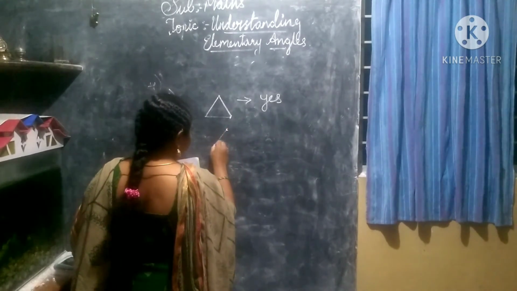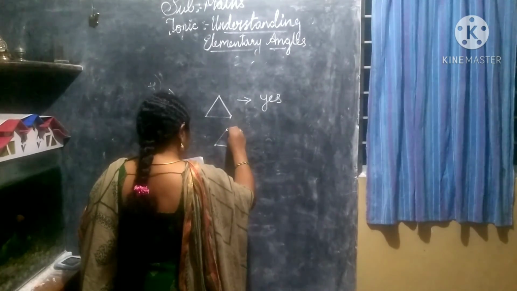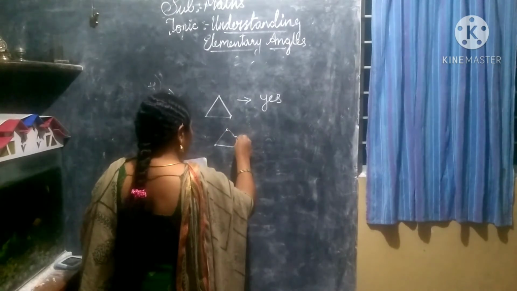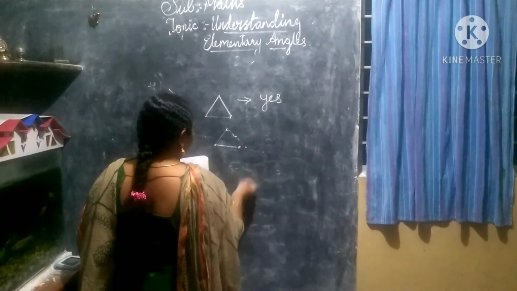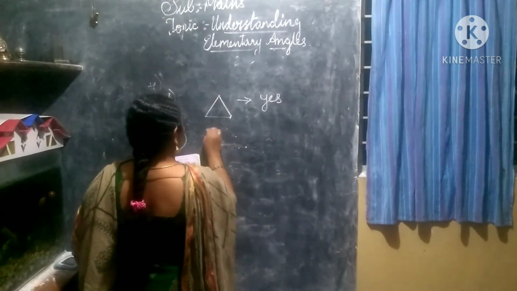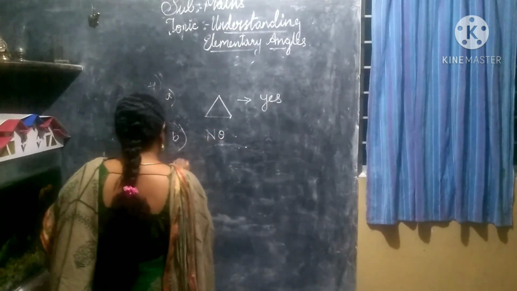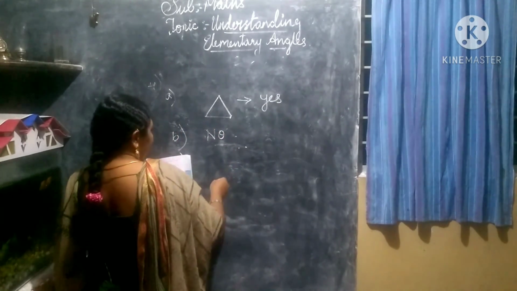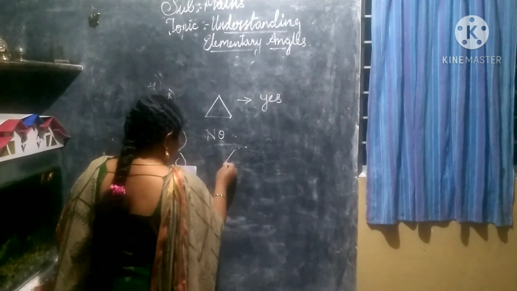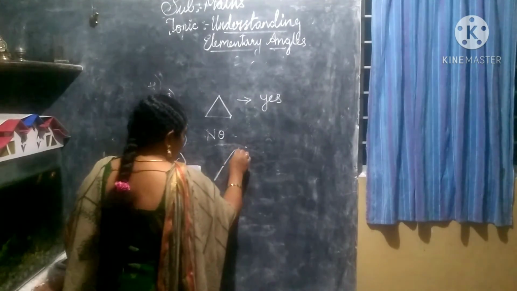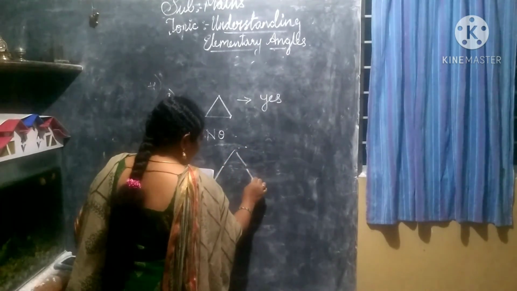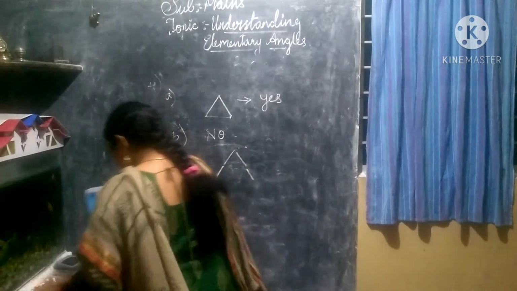1, 2, 3, 4. I think no, we cannot make. So it is no. C, 5. Well, let us try.